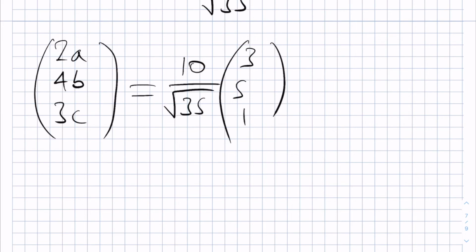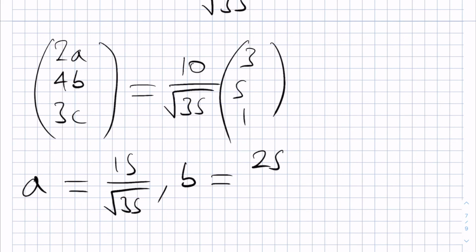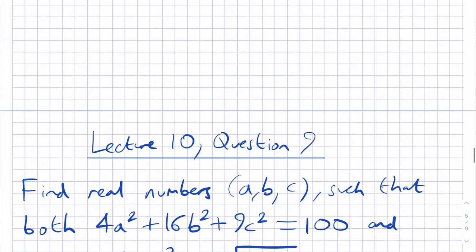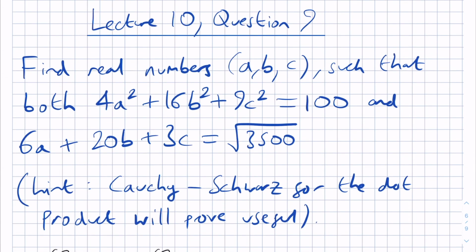Taking the individual components and then dividing by 2, 4, and 3 to get a, b, and c gives us a equals 15 over root 35, b equals 25 over 2 root 35, and c equals 10 over 3 root 35. This is the real number solution to the equations that we had above in our original question.